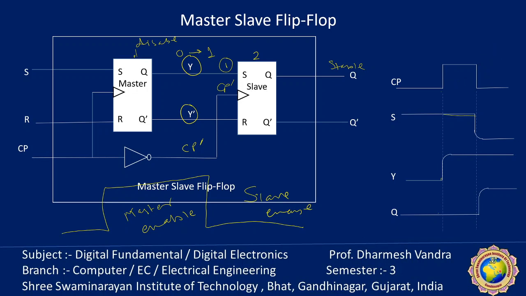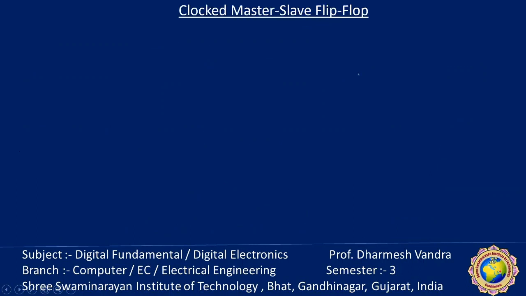The slave flip-flop is not affected because its clock input is 0, since it is CP dash. So when CP equals 1, CP dash equals 0. The slave flip-flop is not affected because the CP input is 0.